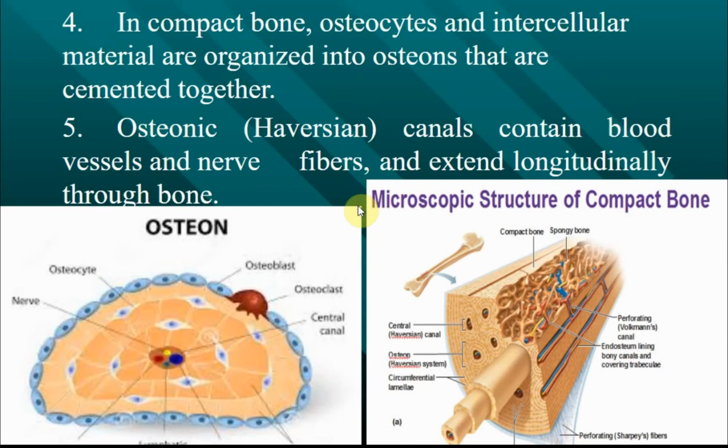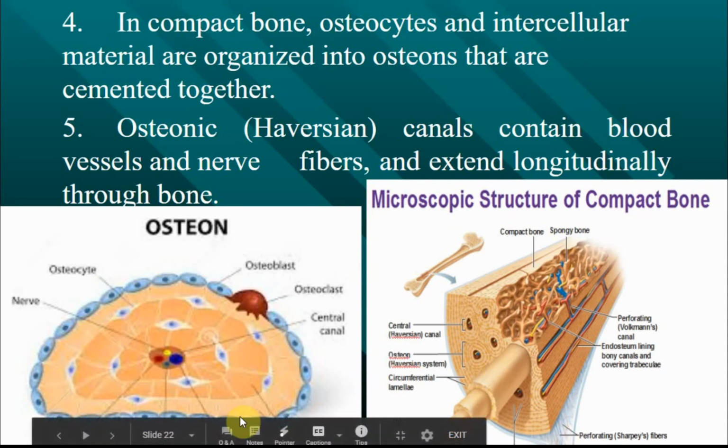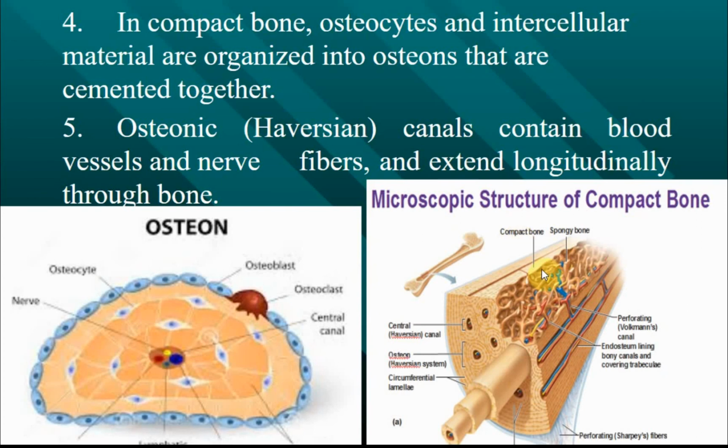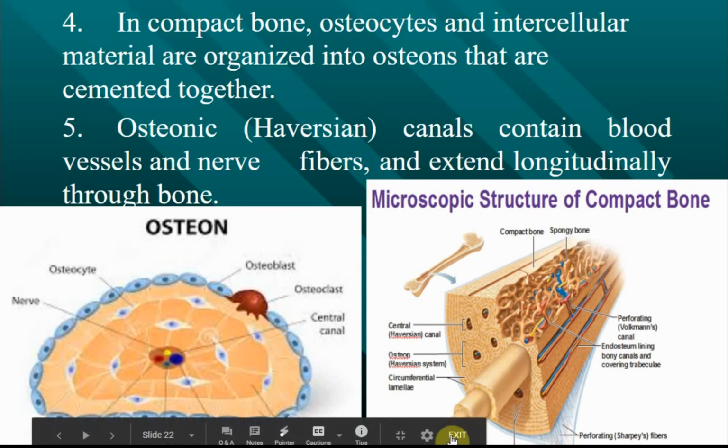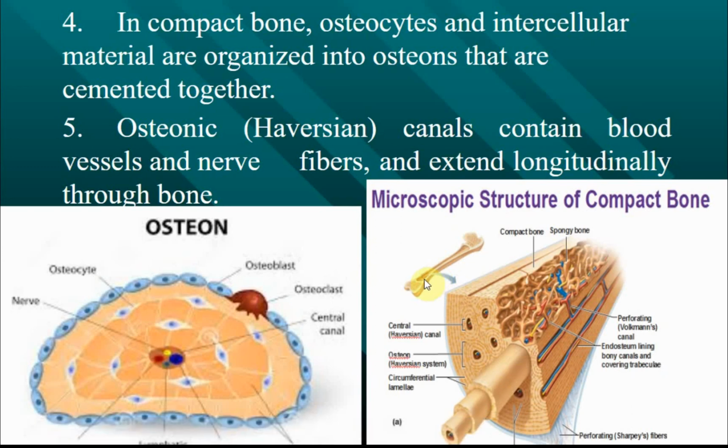Then in compact bone, this is one osteon right here. If you look, you have an osteon here, an osteon here, and here, and here. They pulled this one out for you. These osteons travel down the length of the bone. You can see the little chunk they took out right there.